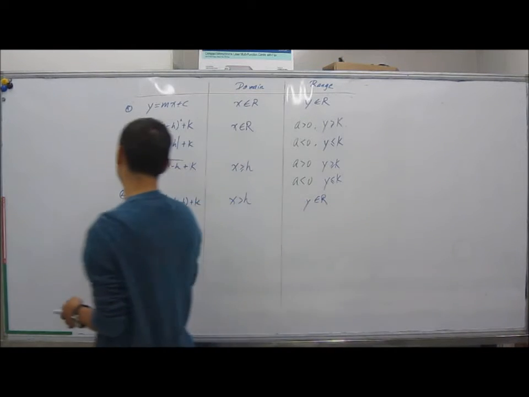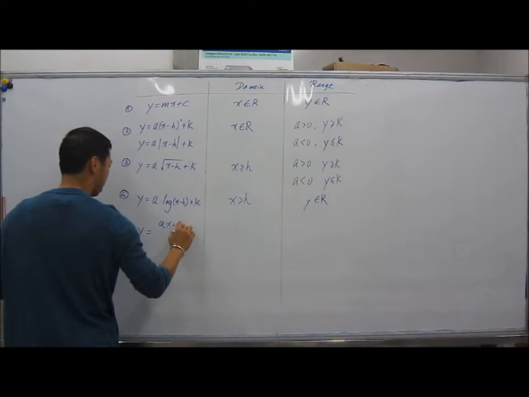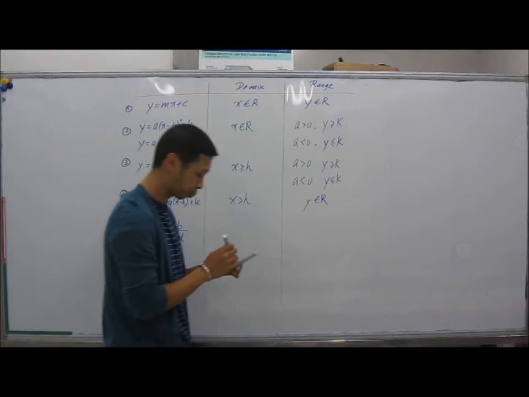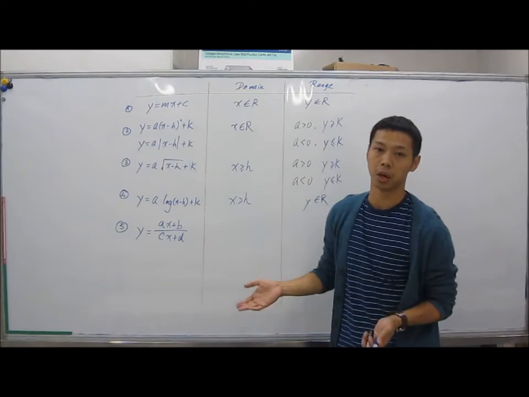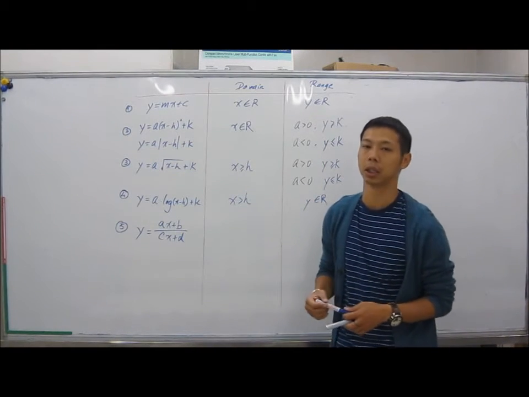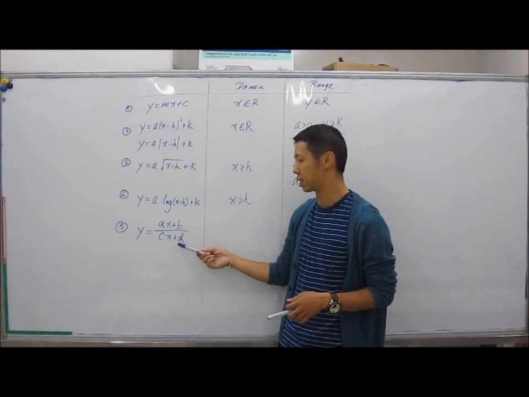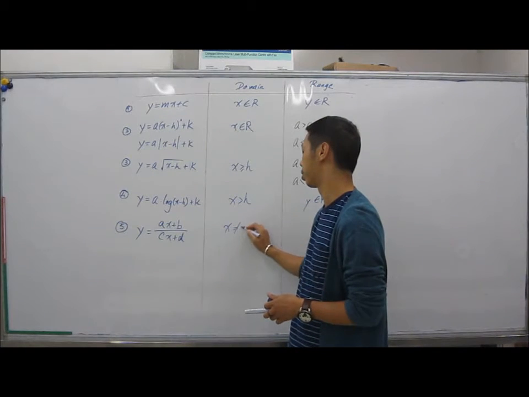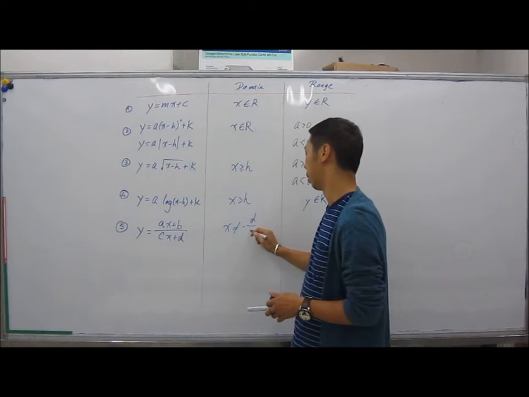And the next one, number 5, we have this one: y equals ax plus b divided by cx plus d. For the domain, this one is easy because for any fraction, the denominator cannot be 0, so cx plus d cannot be 0, such that x does not equal negative d divided by c.